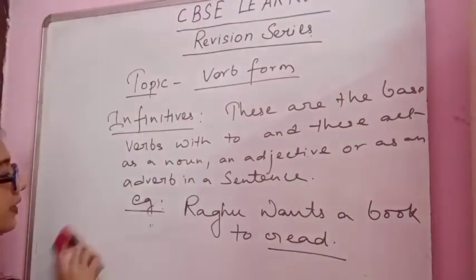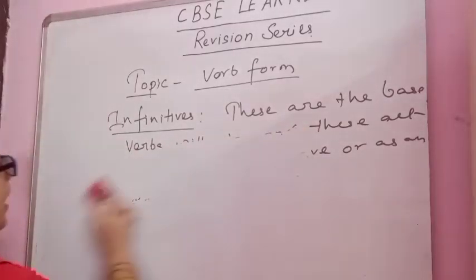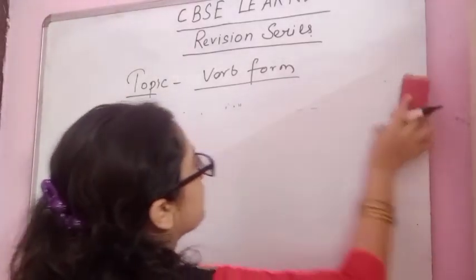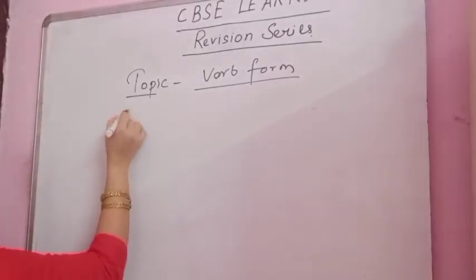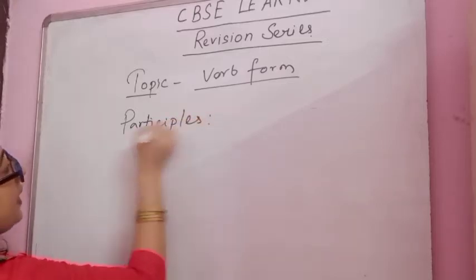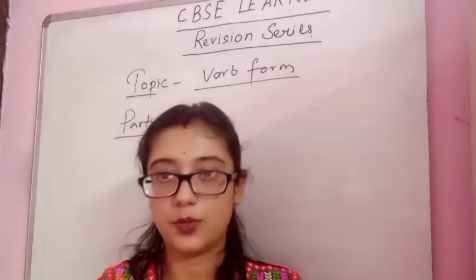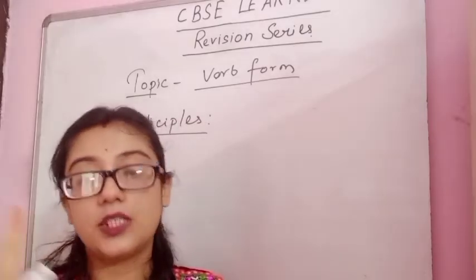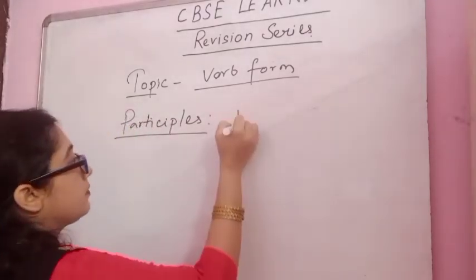Now next comes the participles. So we'll explain the participles. Now what are participles? Participles can be of two types. One is the present participle, the other is the past participle.